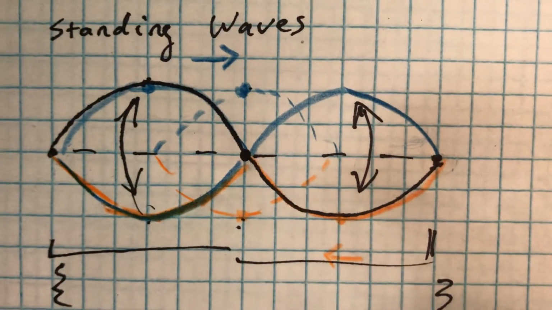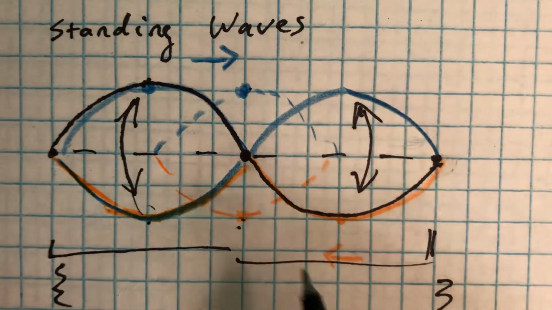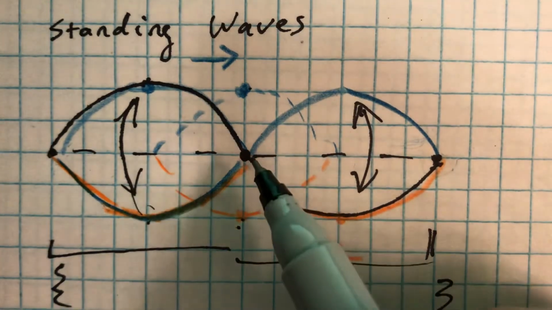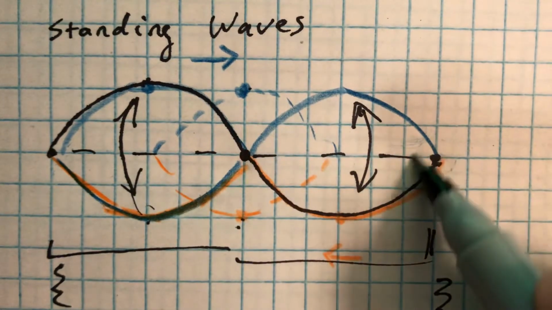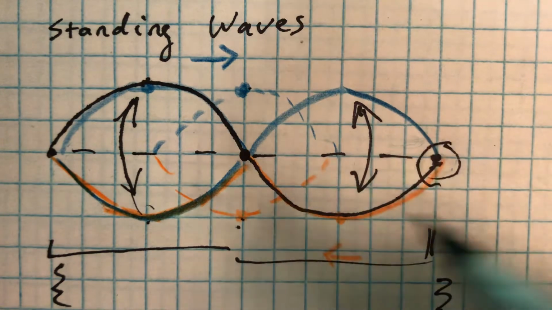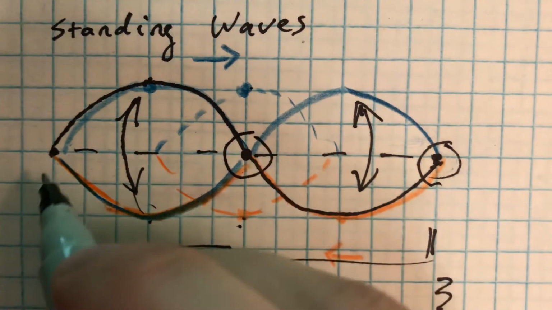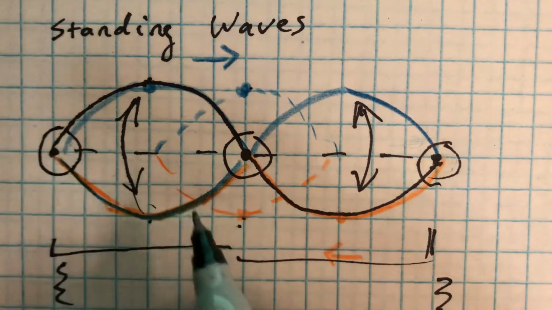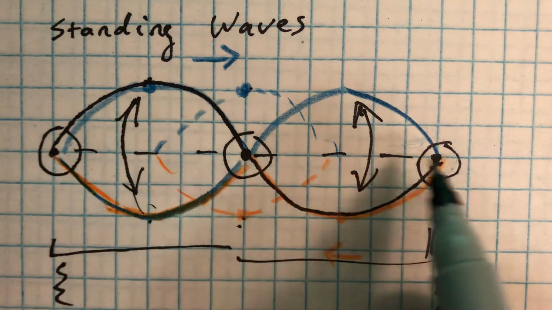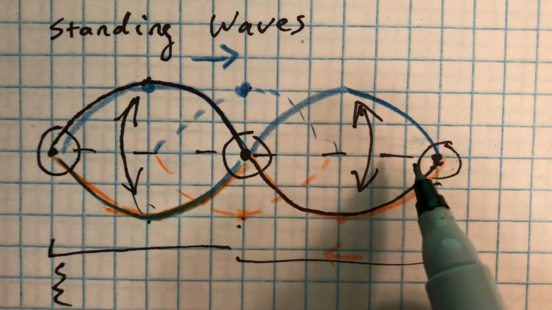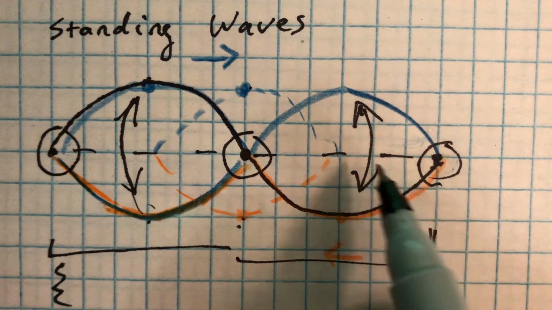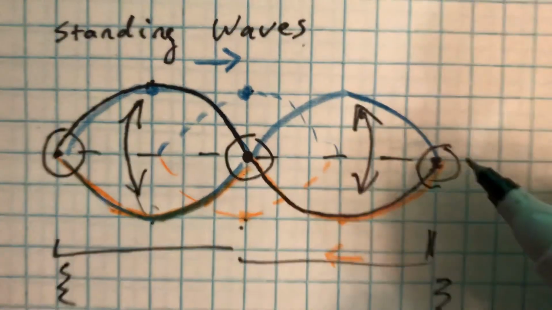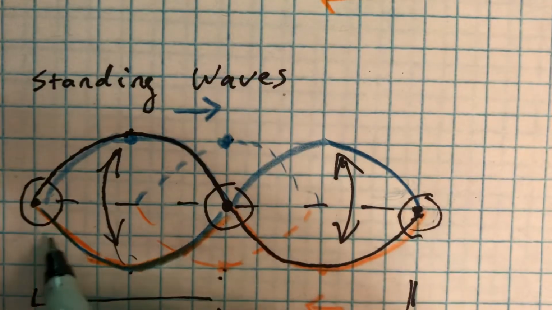Standing waves are pretty important, and they have notable features. So, for example, here, here, and here, there's no displacement, okay? Locations of no displacement, where amplitude is 0, are called nodes.